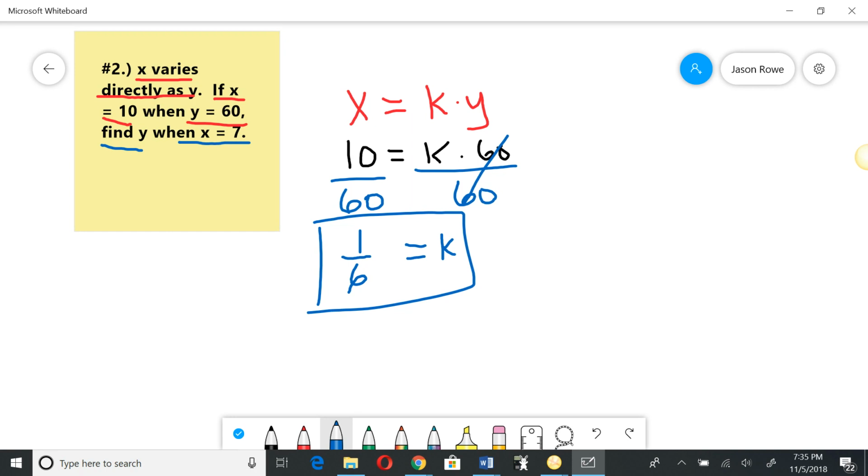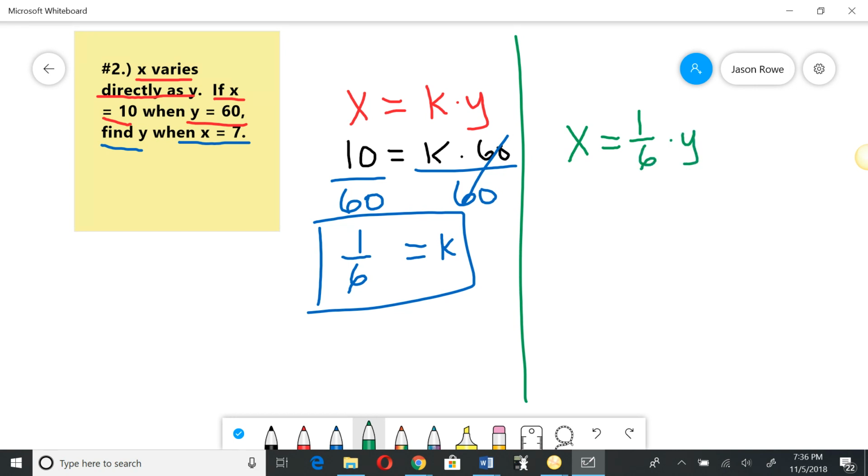So we're going to go back and we're going to create the actual direct variation equation here, which would be x equals, k is 1/6, times y. And we're going to substitute what we know. We know that x is 7. So we're going to replace x with 7.